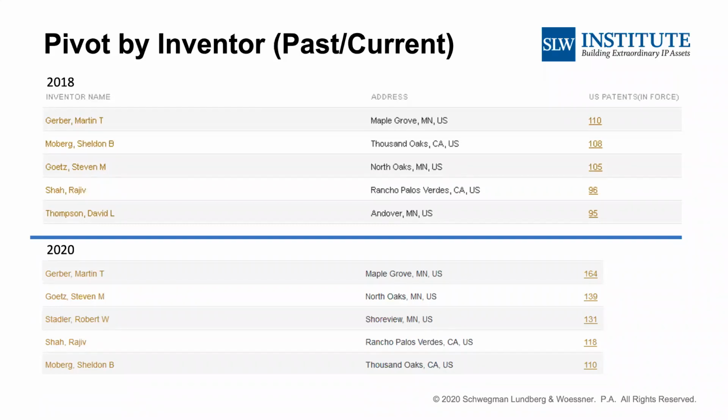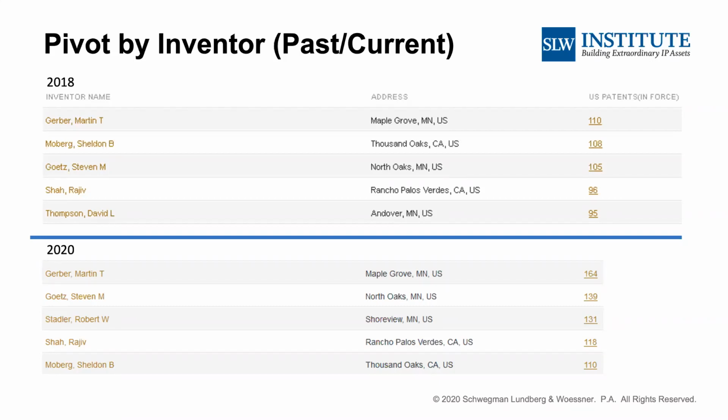Yeah, one other way you can use this inventor data is if you're trying to keep an eye on a particular technology area, or an area where maybe a company is considering moving products into, you might look at who some of the rising star inventors are in that area.